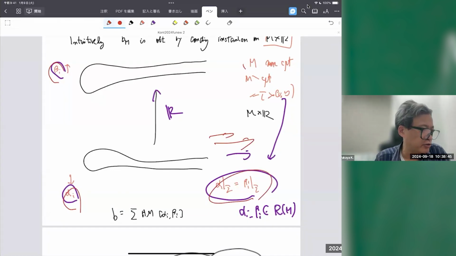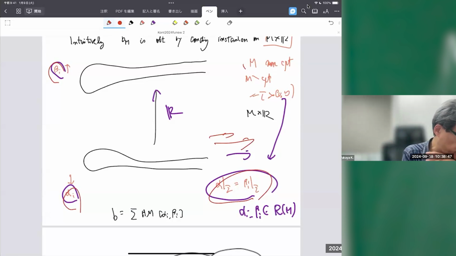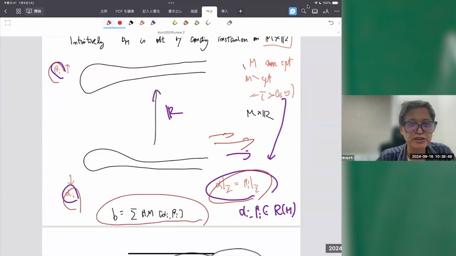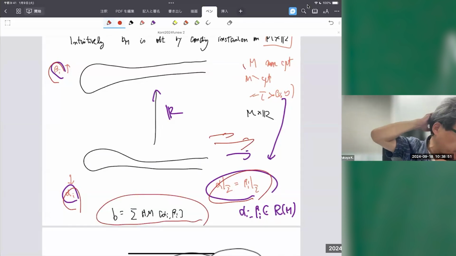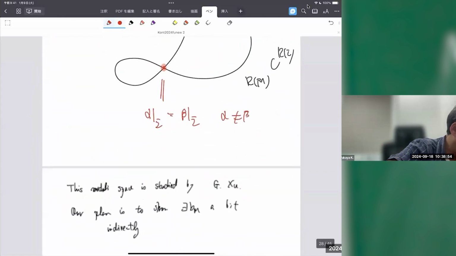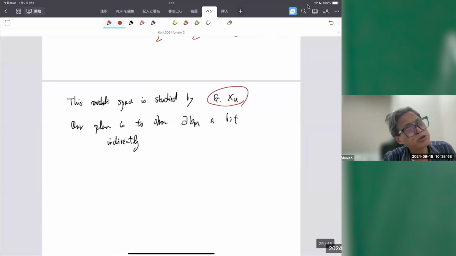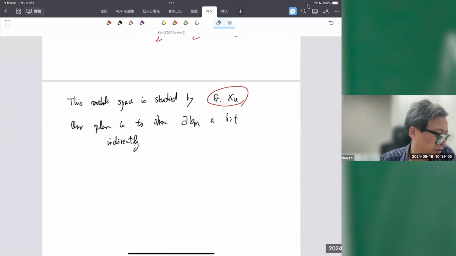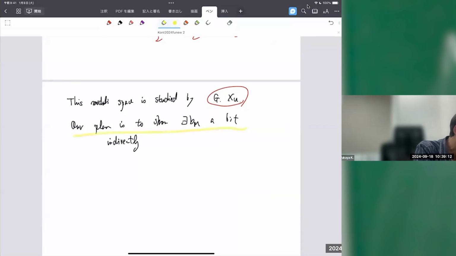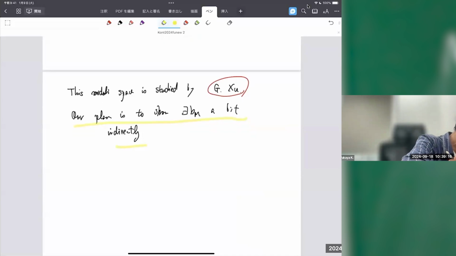Such a counting should be this B. There is an intuitive, somewhat heuristic argument, but it's still difficult. Such a moduli space was studied by Gang Liu Bok-Su, and he proved some part of the story, but it is not yet completely proved that it is a bounding cochain. But I think we believe we can prove the existence without using this moduli space directly, but in a bit more indirect way.